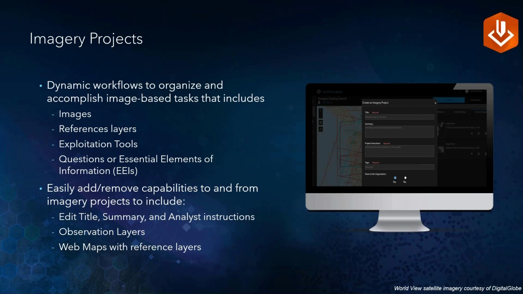These projects can include images, reference layers, exploitation tools, and even the instructions on what to accomplish. Imagery projects can be easily edited based on daily needs and can be shared across the organization, making it easy for an analyst to immediately begin their work.